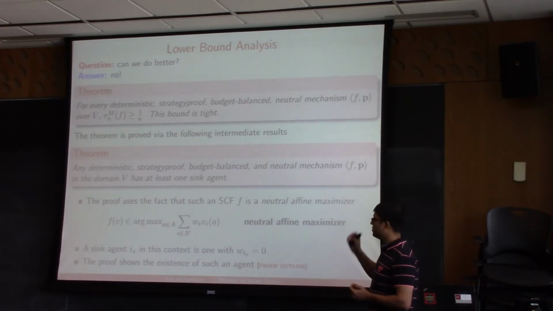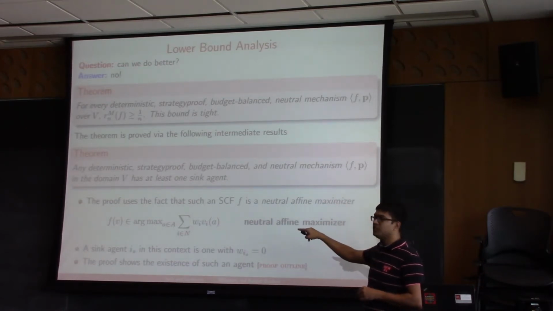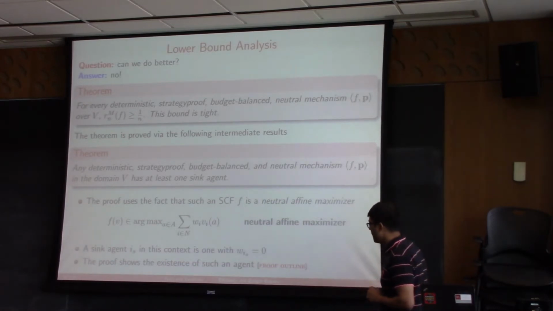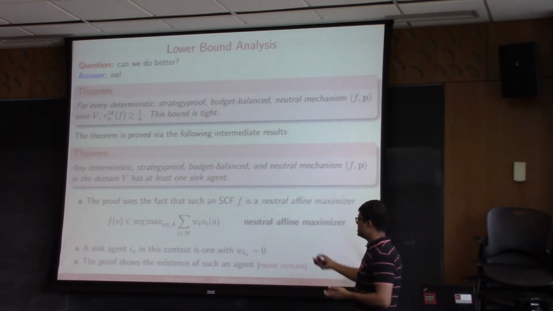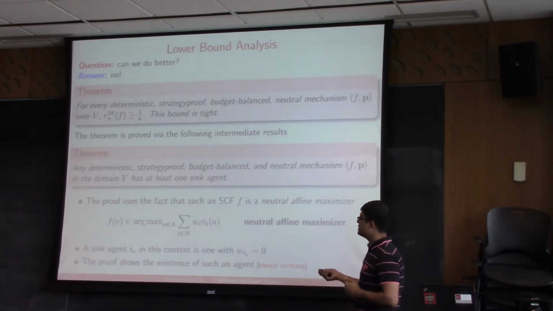But the result says something much stronger. It says that if you are going to design a deterministic strategy-proof neutral mechanism, it must be in this class of mechanisms. So what is an interpretation of a sink agent in this context? It is essentially an agent whose weight is 0. So just note that.